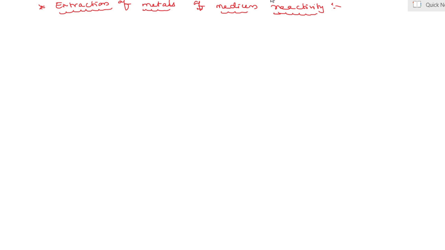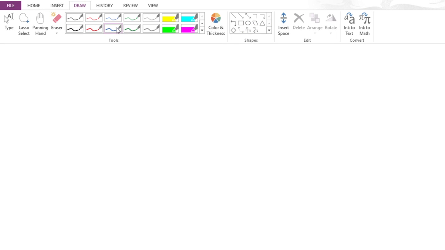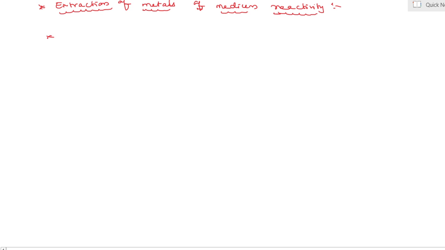These sulfides or carbonates are first converted into oxides because it is easy to extract metal from its oxide. Yes, my dear students, it means first the process of roasting takes place.